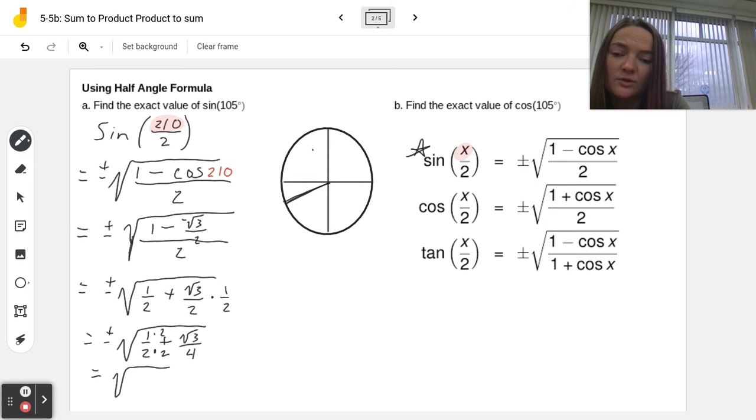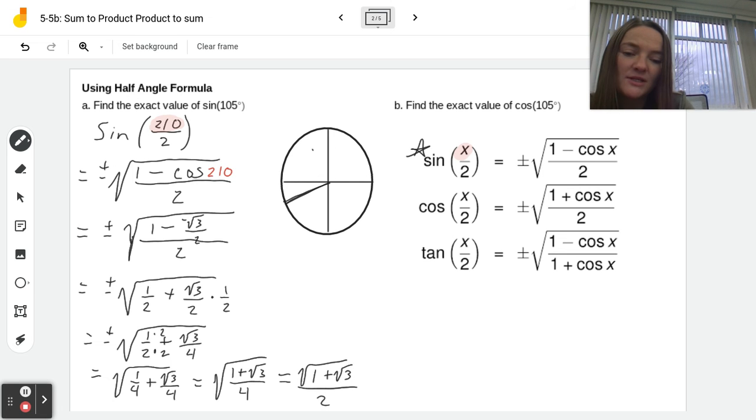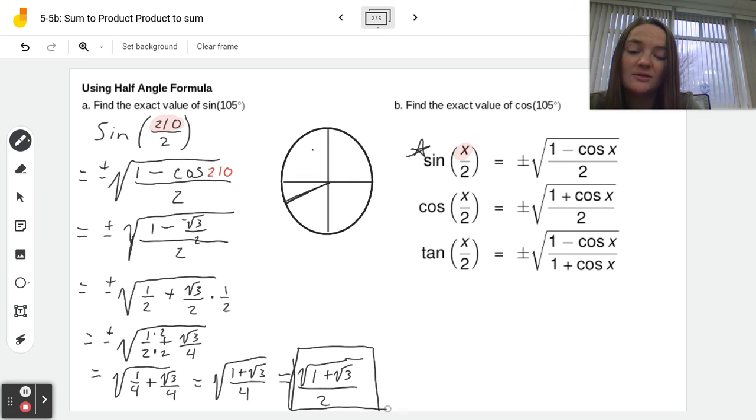So we get the square root of 1 over 4 plus radical 3 over 4, which is the square root of 1 plus radical 3 over 4, but the square root of 4 is 2, so this is going to be the square root of 1 plus radical 3 over 2. Notice how I cannot take separately the square root of 1 and the square root of 3 if they're separated by addition. And so that actually there is the answer using the half angle formulas.